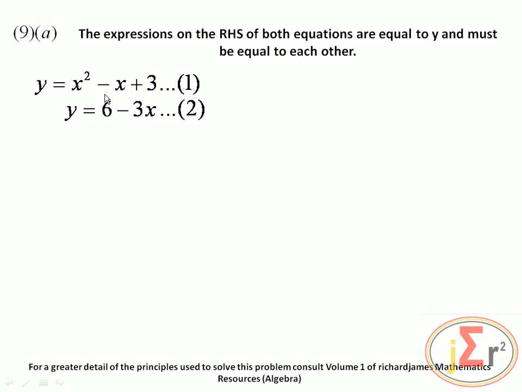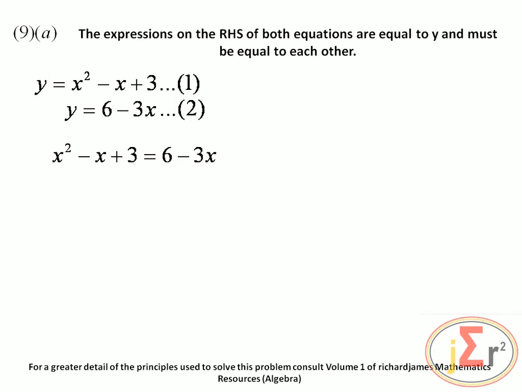If y is equal and y is equal to, therefore these two must be equal. x squared minus x plus 3 is equal to 6 minus 3x. That is as a consequence of the fact that both of these expressions are equal to y.